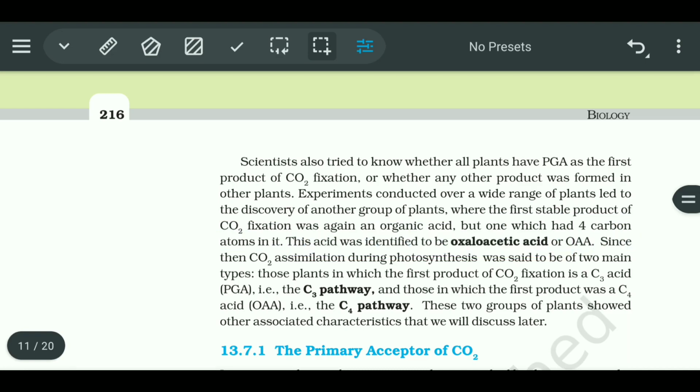Since then, CO2 assimilation during photosynthesis was said to be of two main types: those plants in which the first product of CO2 fixation is a C3 acid, phosphoglyceric acid, i.e. the C3 pathway, and those in which the first product was a C4 acid, oxaloacetic acid, i.e. the C4 pathway. These two groups of plants showed other associated characteristics that we will discuss later.